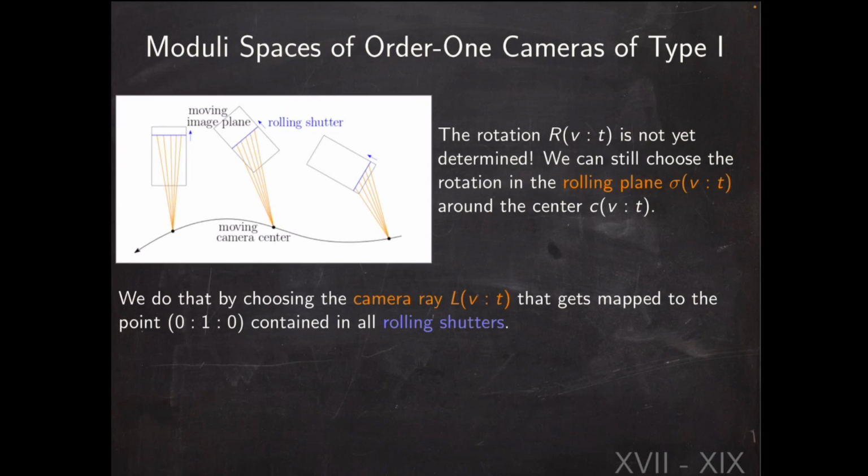And I'm choosing this point 0,1,0 because by our choice of rolling shutter, that is the unique point that all these blue rolling shutter lines have in common, because they were parallel to the y-axis, and that means projectively that they have to pass through the point 0, 1, 0. So by fixing the unique camera ray that maps to that specific point in the image, I essentially fix the rotation.